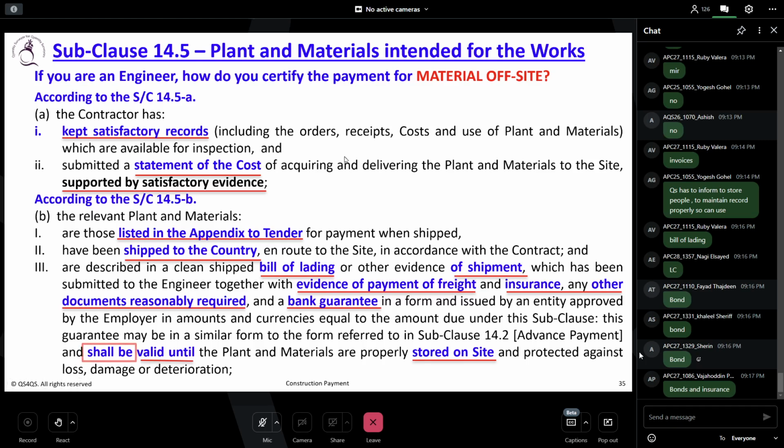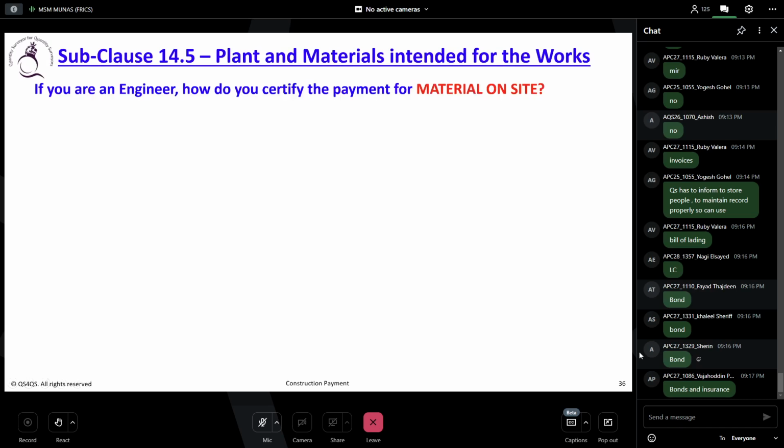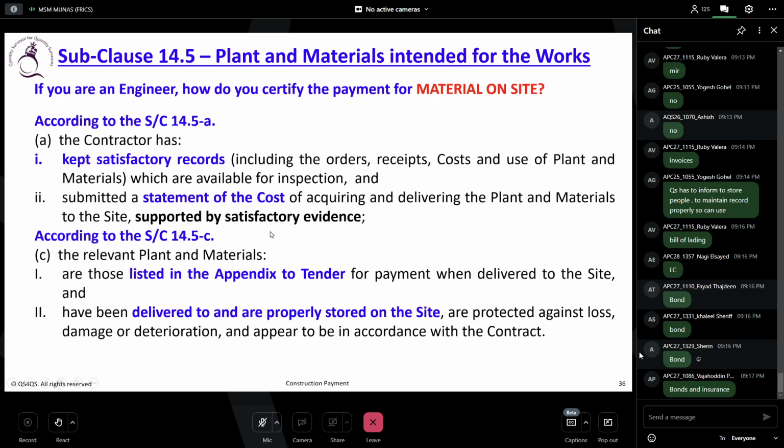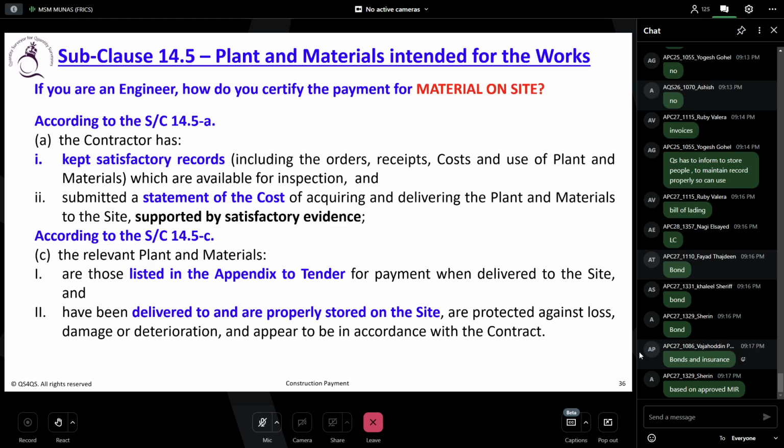So this is material offsite. Now, if you are an engineer, how do you certify the material on site? This subclause 14.5 A is common. I told you already, it's common for material on site and offsite.